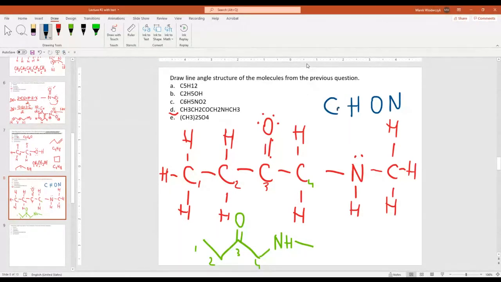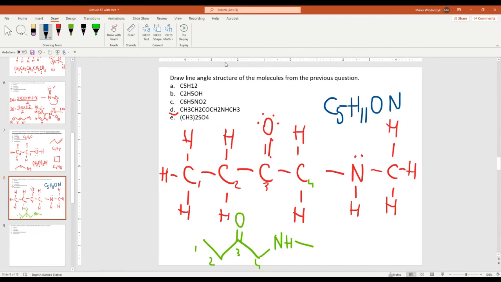So C5. How many hydrogens? Let's start from the left side. 3 plus 2, that's 5, plus 2, that's 7, plus 1, that's 8, plus 3, that's 11. Very good. How many oxygens and nitrogens? Just 1. So C5H11ON, or NO.